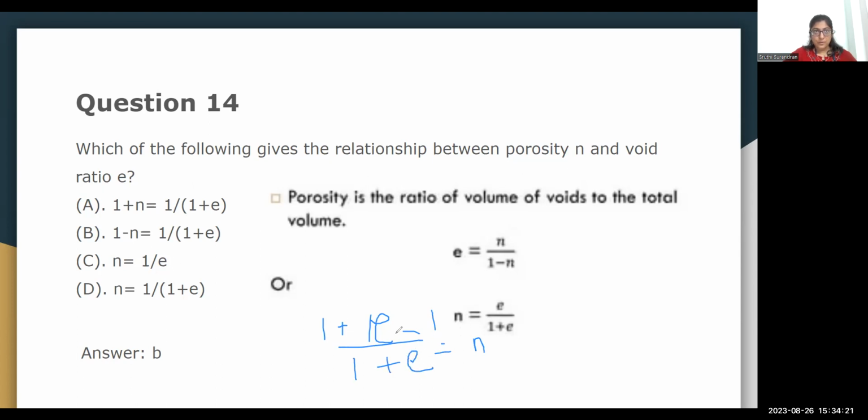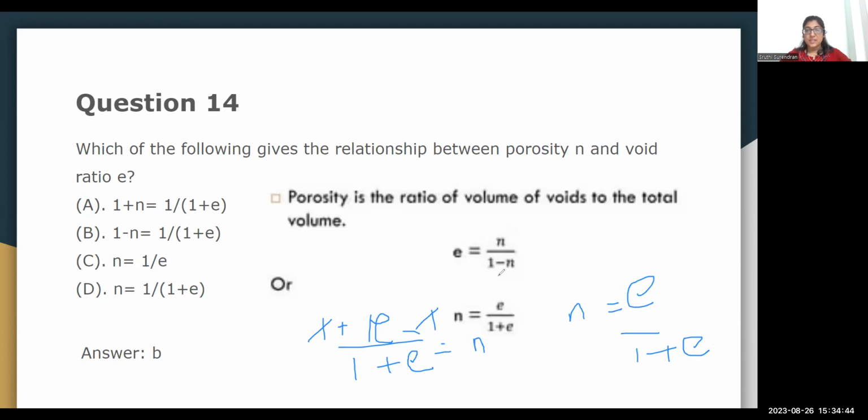Sorry for the horrible handwriting, but I can only manage this on the screen. So this one will get cancelled and you will get n is equal to e by 1 plus e. When I post the slides, I will do the solution part for this and also post it.